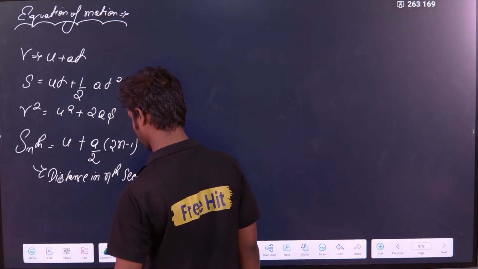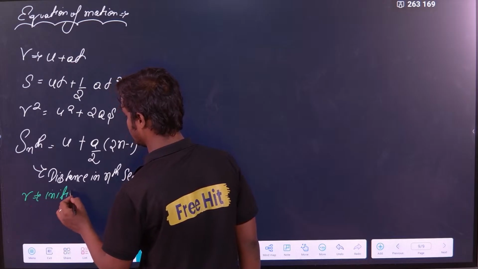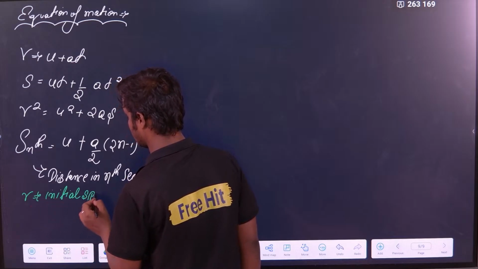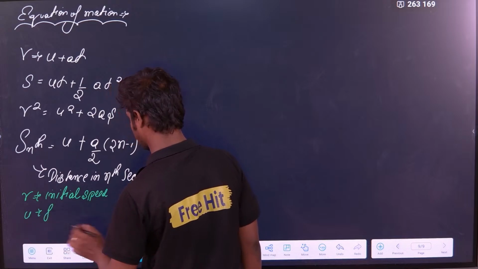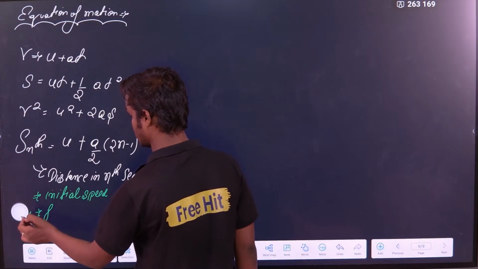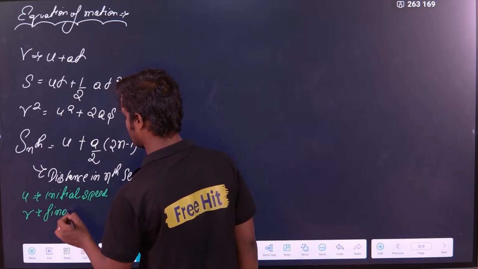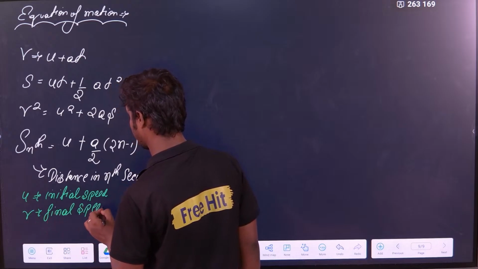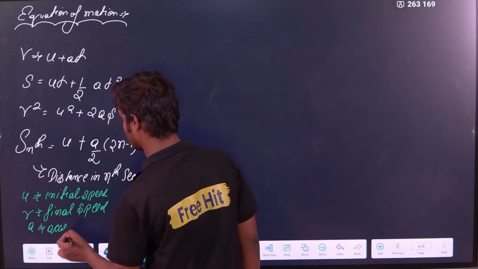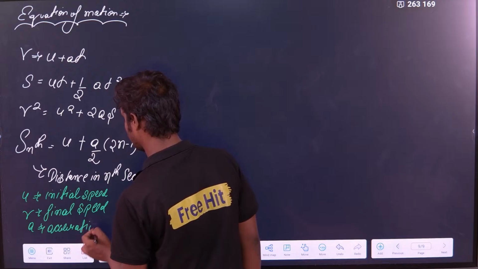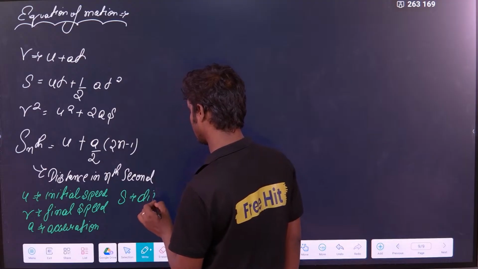Not velocity. v is equal to initial speed. u is equal to final speed. a is equal to acceleration. And remember, here s is displacement. It is not distance, it is displacement.